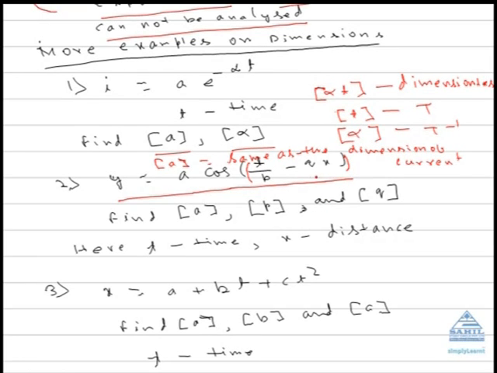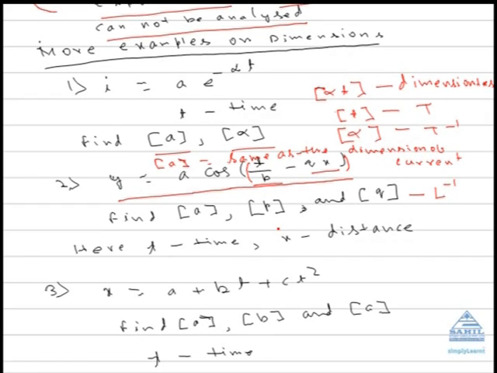So qx and t by p both should be dimensionless quantities. Now the dimension of x is L, so the dimension of q is L minus 1.